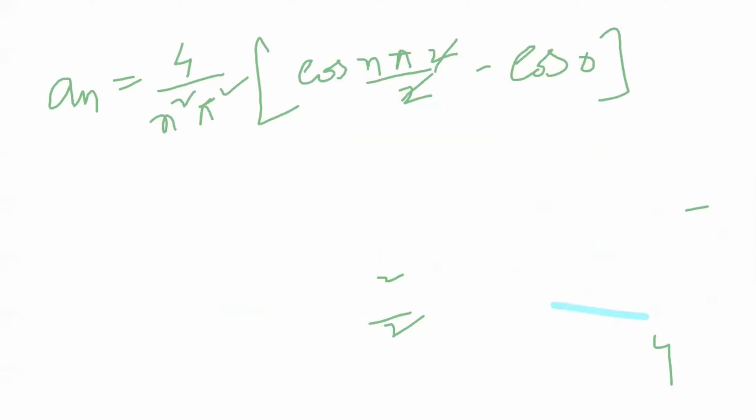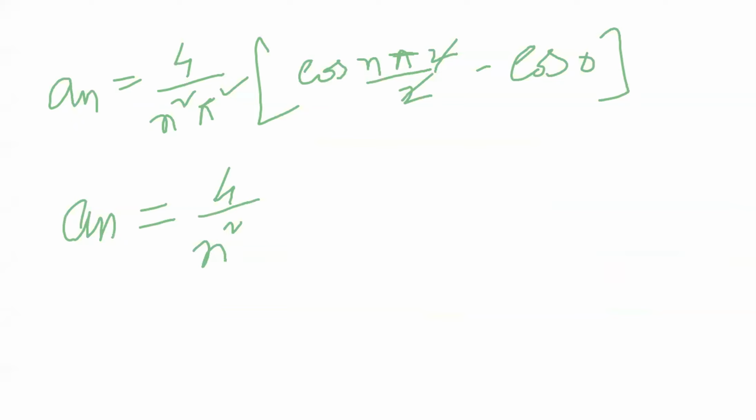cos n pi. Suppose n equal to odd number, it equal to minus 1. N equal to even number, it is plus 1. So depends on n. So it is not clearly positive or negative. In this case, we have to write cos n pi value is minus 1 power n. Depends on n, is it negative or positive, and cos 0 equal to 1.